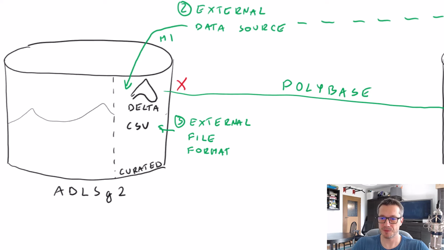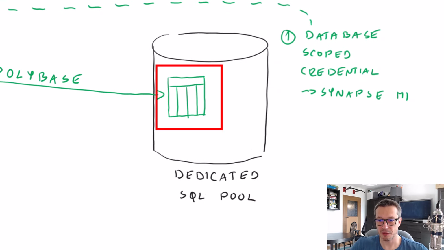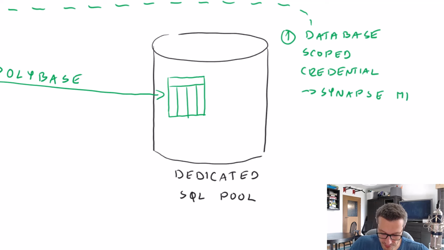And that's the object that combines all those three things together. So an external table is simply this object that we will create inside our Synapse pool that will reference the external data stored somewhere on a data lake.